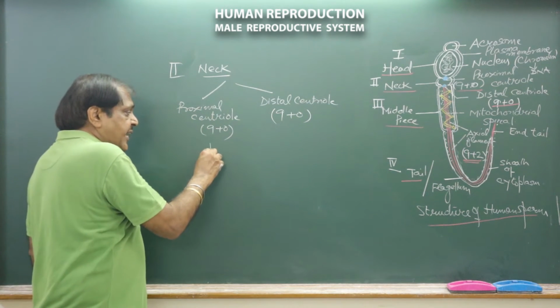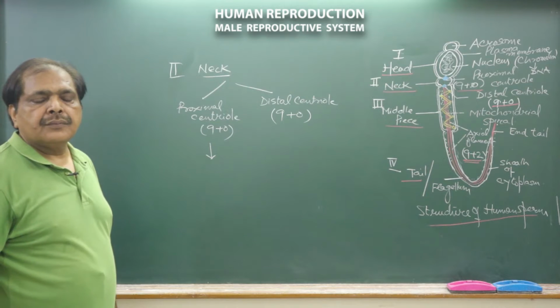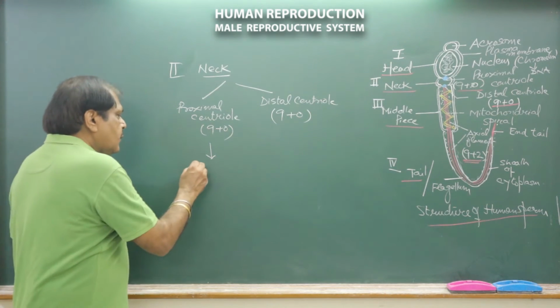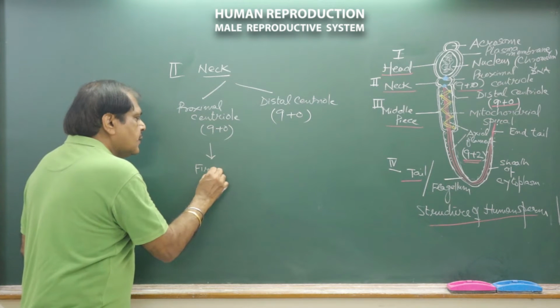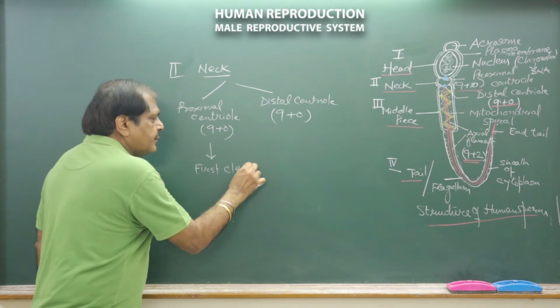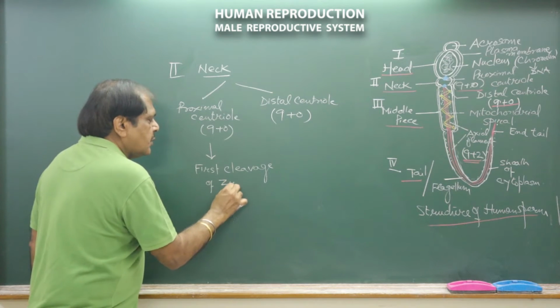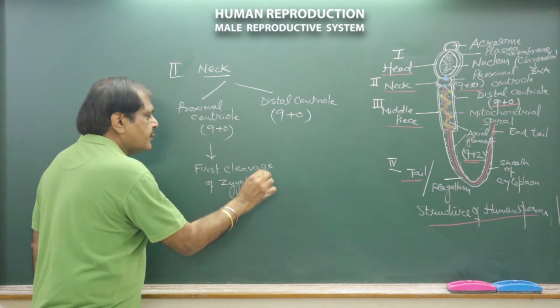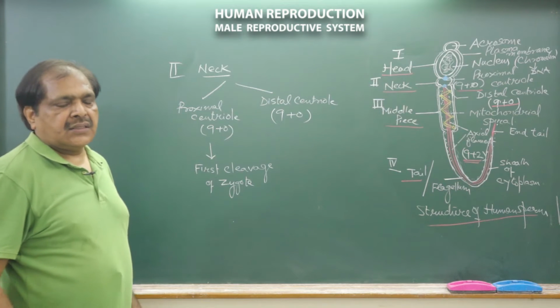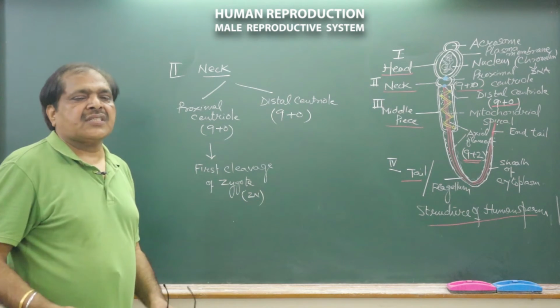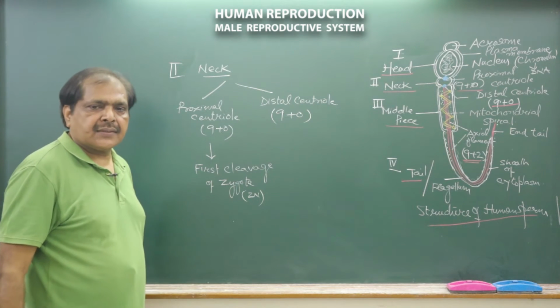This proximal centriole is responsible for the first cleavage of the zygote. Zygote is a diploid cell. It will undergo mitosis. Cleavage is nothing but mitosis.